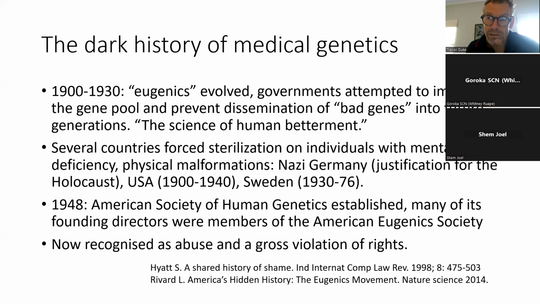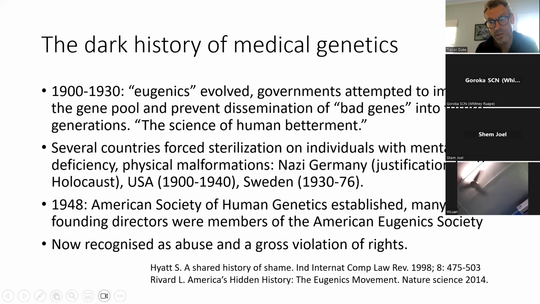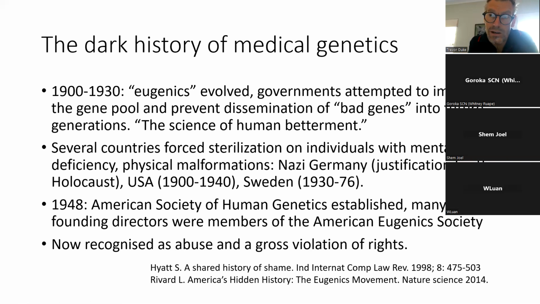I wanted to come forward a little bit to what happened next. The earliest discoveries of genetics were made in the 1850s and 1860s, right up to about 1900. And then after that there was, I would say, a dark period in medical genetics where very unfortunate events happened to the development of genetics.